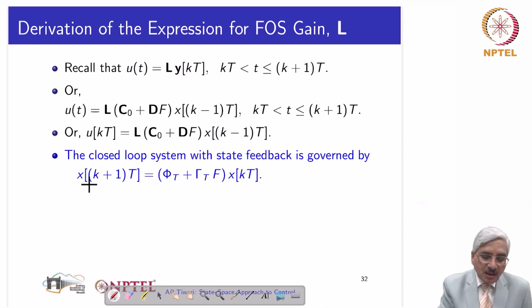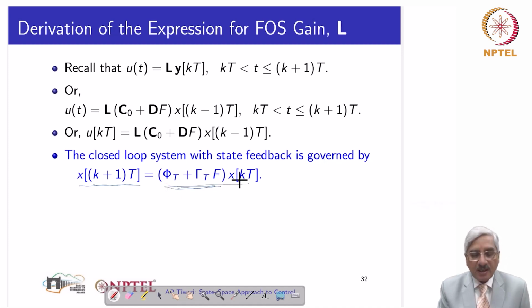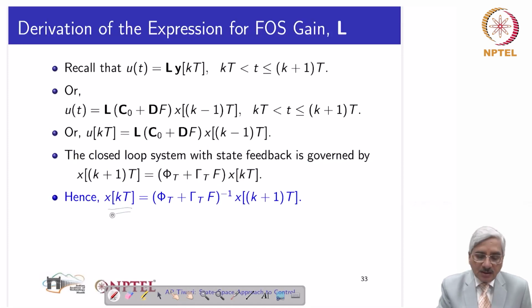And that means that x((k+1)τ), sorry, it is with the state feedback. This is the system, φτ plus γτ f x(kτ). This is with the state feedback, and this is u(kτ). So x(kτ) we solve from here, pre-multiplying by the inverse of this on both sides. x(kτ) is obtained in terms of x((k+1)τ) as this.